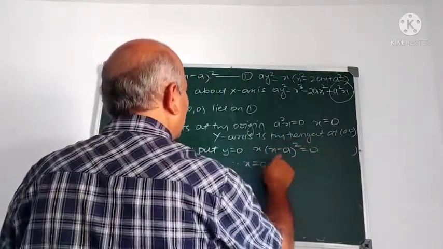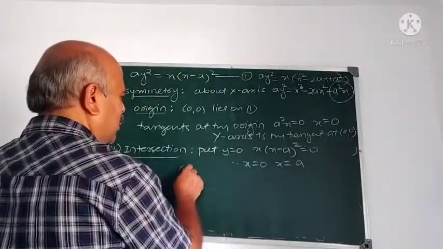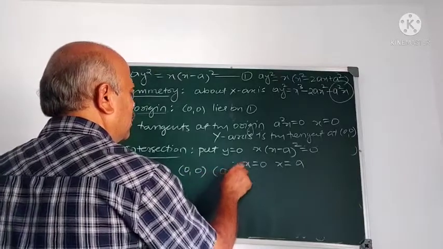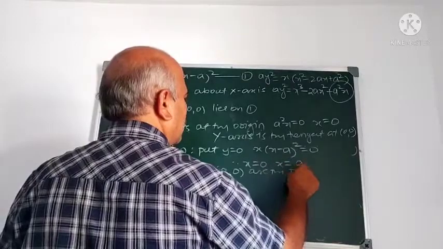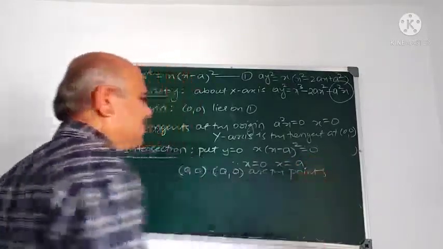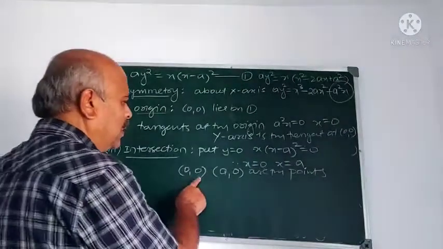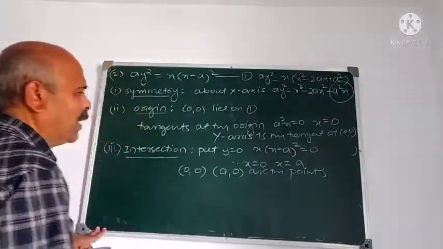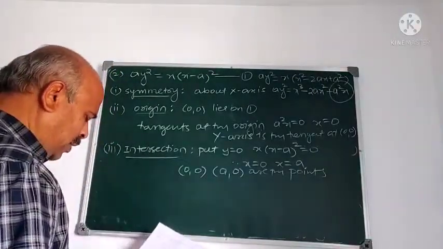Therefore x is 0, x is a. So (0, 0) and (a, 0) are the points of intersection of the curve and the x axis. It intersects the x axis at (a, 0) and (0, 0). It doesn't intersect the y axis except at the origin. So these are the points of intersection.